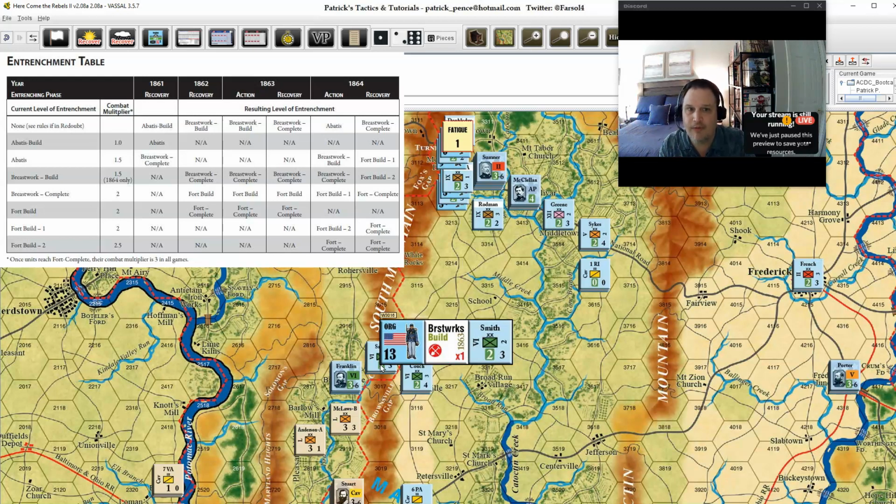And the die roll modifiers are significant. You go from 1.5 for an abattis to 2 for a breastwork, all the way up to a 3 times modifier. That means the defender in there, whatever his manpower is at a fort, is multiplied by 3. So a lowly 3 manpower can actually be 9 manpower, and it doubles or triples the amount of artillery effectiveness in there because it's an entrenched position.